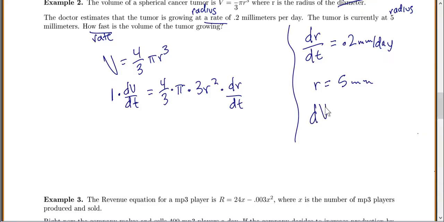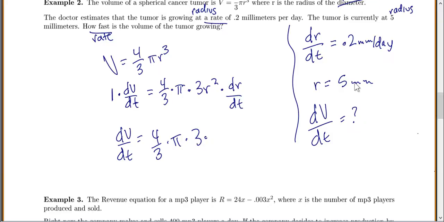How fast is the volume of the tumor growing? So they're asking us to find dV/dt. So come back through and plug in everything that you know, and let's see what we're left with. See if we found everything we need. So dV/dt, that's what I'm looking for. 4/3 pi times 3 times r, which is 5 squared, times dr/dt, which is 0.2.